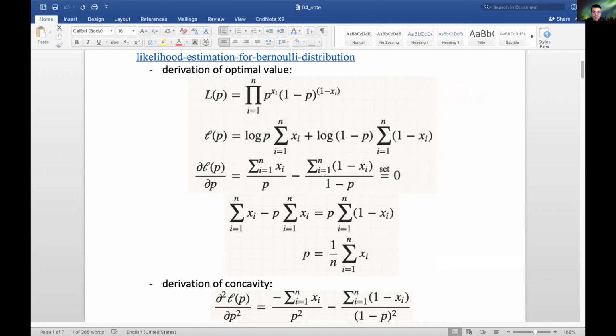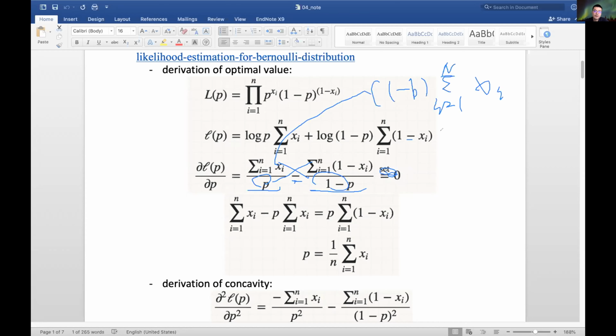If this is equal to 0, basically this thing equals this. And if you multiply 1 minus p to this and p times this, they are equal. If you look at the left-hand side, this thing is 1 minus p times the summation, i equal to 1 to n, and so on.